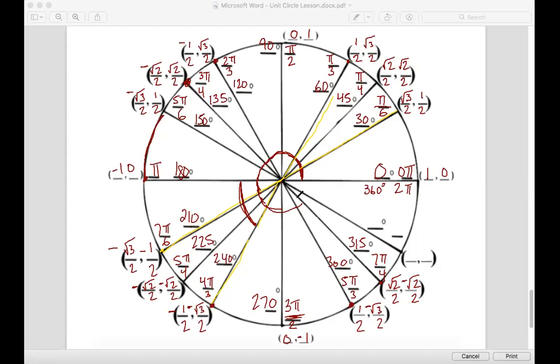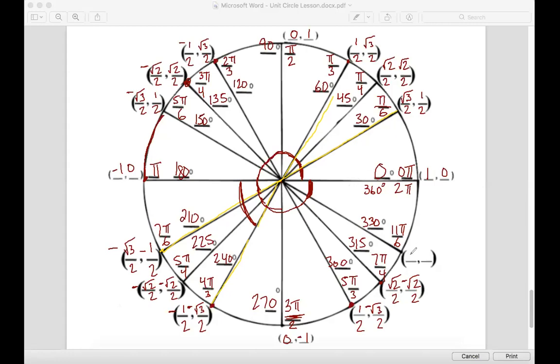From 315, if we add another 15 degrees, we'd be at 330 degrees. 330 degrees is 11 pi over 6. You can see here that this is a 30-degree angle in here. So 11 pi over 6, or 330, is a 30-degree reference angle.